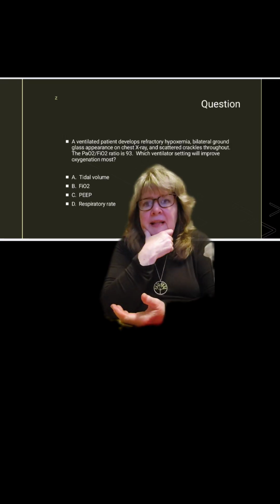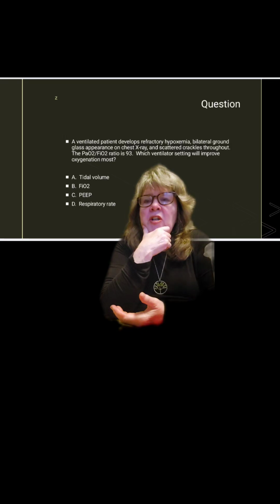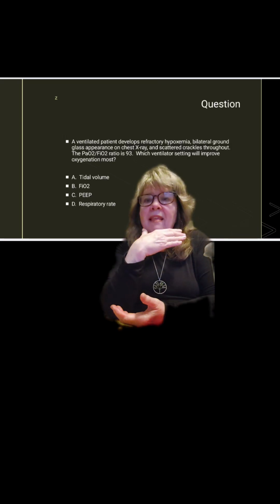That's a right to left intrapulmonary shunt. It's manifested at the bedside by refractory hypoxemia. We talked about what that is. You treat that then with PEEP. And that's the answer here.